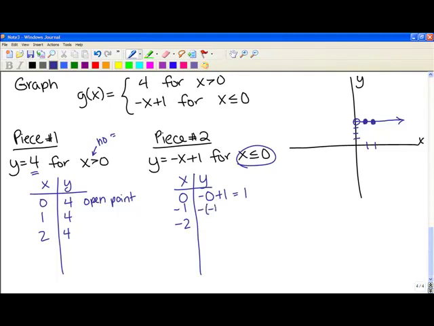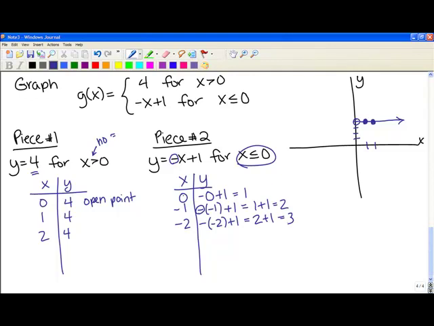Negative 1 plus 1. Okay, got to be careful here. Again, we've got the negative right there, and then plugging in the negative 1, that will give us a positive 1 plus 1, or 2. And then plugging in the negative 2, again, we have the negative with the function, so that would be just 2 plus 1, or 3.